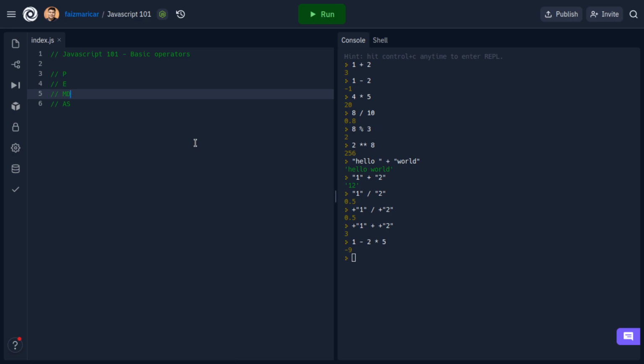They have the same level of precedence, so this will happen basically by order. So if multiplication happens first, then it will multiply first, or if division happens first, then division will be done first. And the same thing goes with addition and subtraction. So that is your operator precedence for your basic operators here.